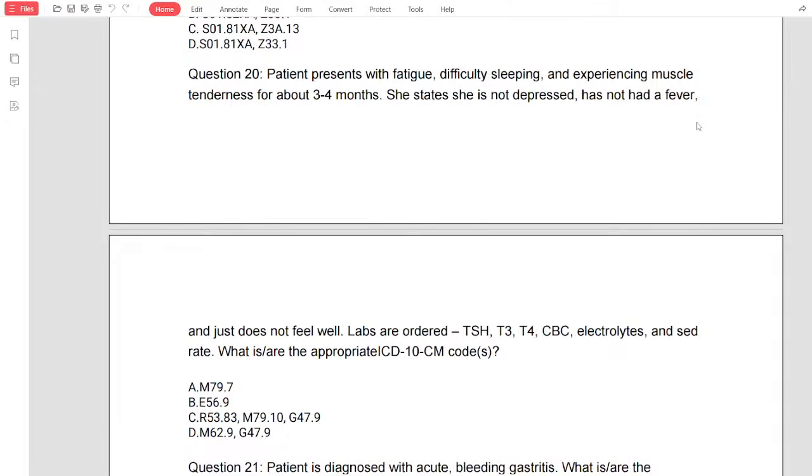This is the main diagnosis, not a procedure. So what will be the answer? Just check your code and send me the correct answer.